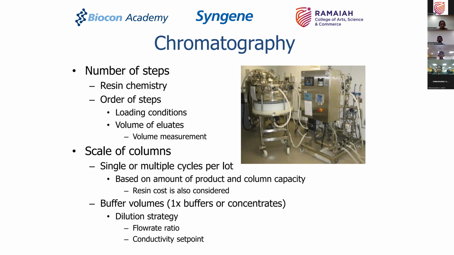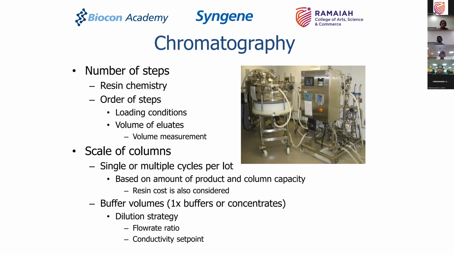What are the buffers that you are going to use? Because you will use a buffer first for regenerating the resin. You will equilibrate the resin so that the conditions within the resin bed are at the same pH, at the same ion exchange levels before you send in the product of interest.